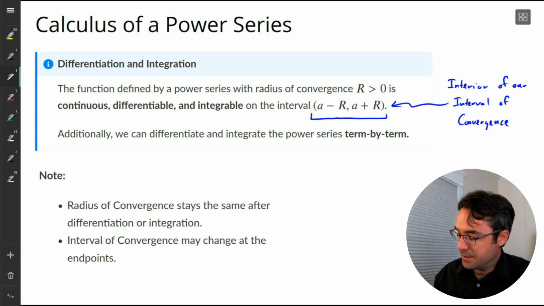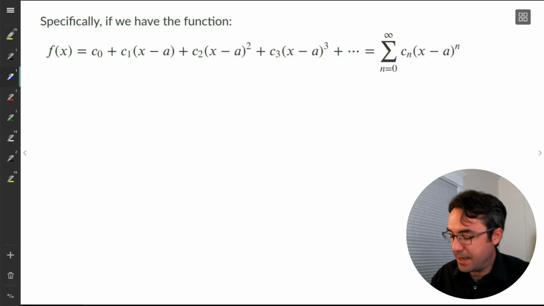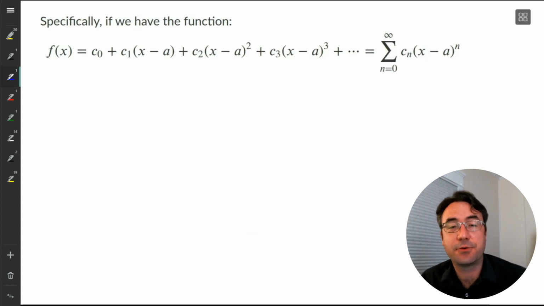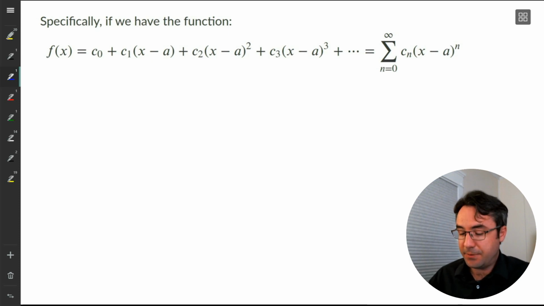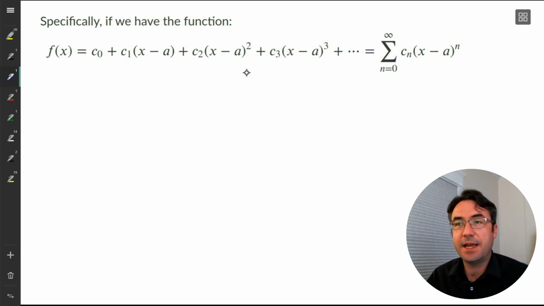All right, so let's see how to actually calculate the derivative and the integral. Let's say we start with a function f of x defined by a power series. Here we've written out the first few terms, and we also have the sigma notation version. This function is our coefficient c0 plus c1 times x minus a plus c2 times x minus a squared.